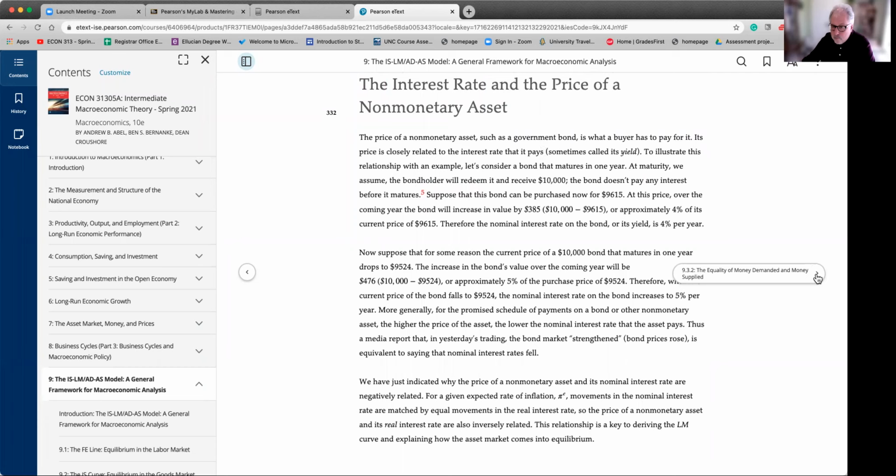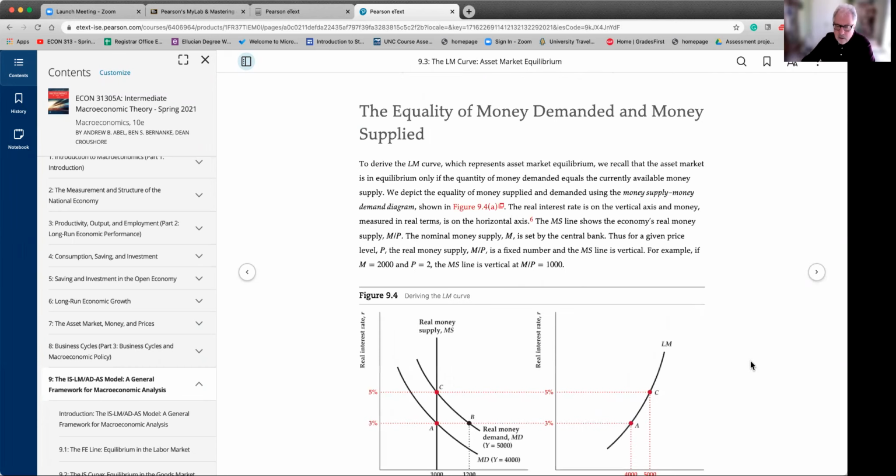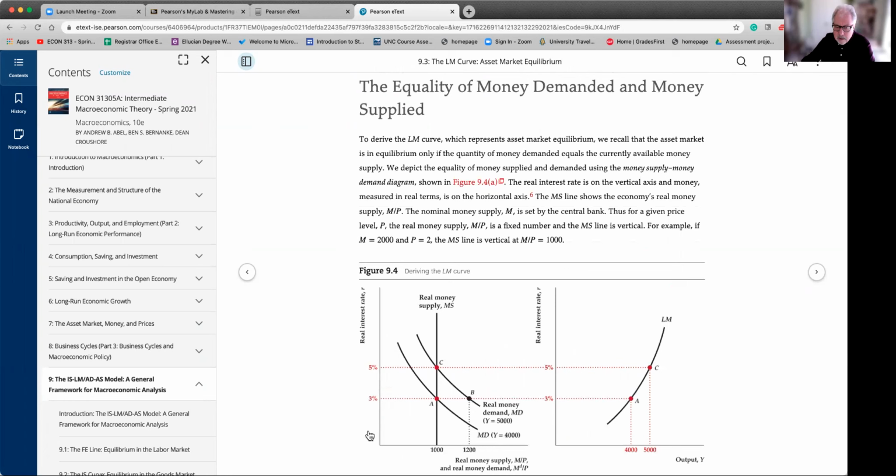So we can go deeper into this. And there exactly is that graph of money demand, money supply. You would have seen that in the videos that I have for chapter 7. But that graph actually isn't introduced in that chapter. It's here in chapter 9.3, or introduced graphically anyway.